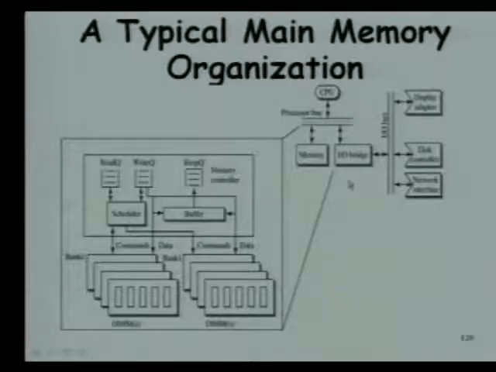And we saw that the memory consists of multiple dual inline memory modules, right. So this set of DIMMs constitute one bank, another set of DIMMs constitute another bank, and then we have the memory controller appearing here. The memory controller basically takes the read requests and write requests and queues them.